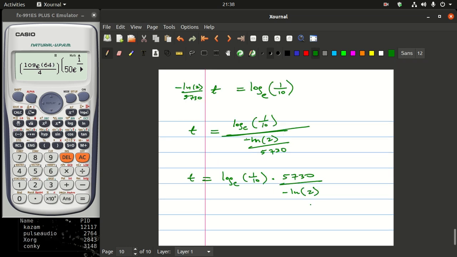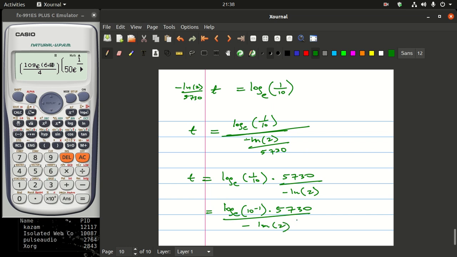Now, what I want us to do is very simple, just collecting these terms in a nicer way. Someone might say that we have a minus here, so our time will be negative. That's not actually true, because in this log e, inside I have 10 raised to minus 1. 1 over 10 is the same as 10 to the power minus 1, and then times 5730, and then all divided by minus ln of 2.